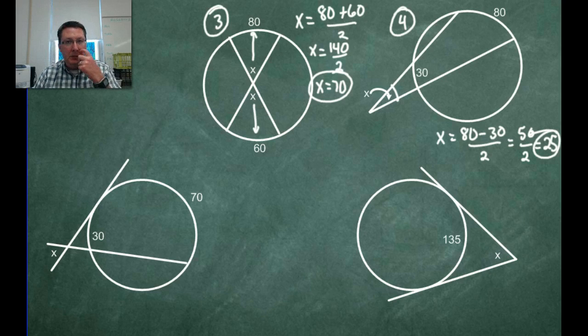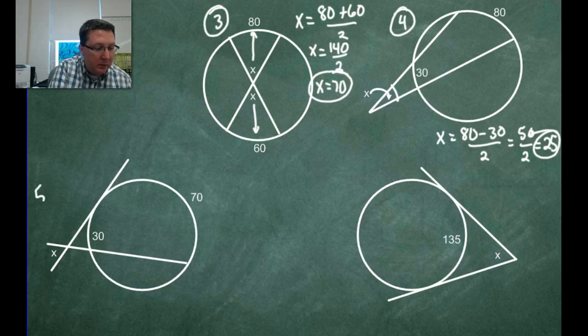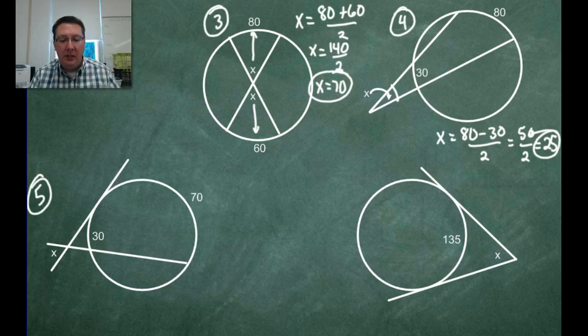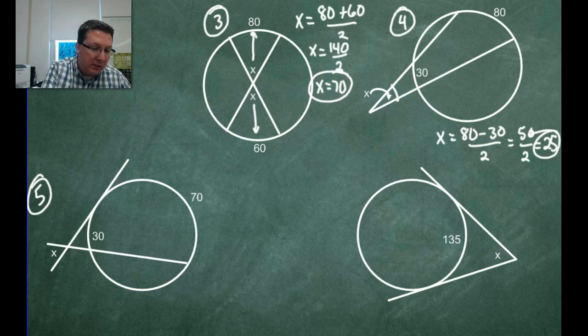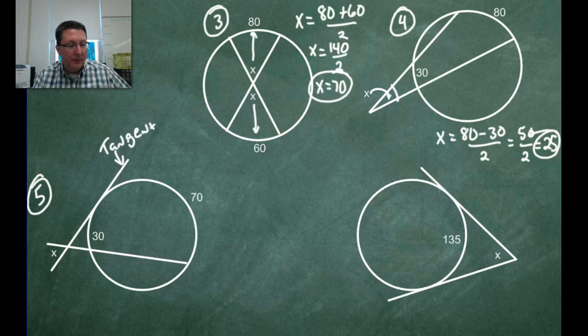These last two, I put these on here because they're slightly different, but very similar to this number 4. Let's look over here at this one. The reason I put these two on here is because sometimes one of those segments is going to be a tangent to the circle. So this line right here is our tangent. Now don't confuse that with sine, cosine, tangent. Slightly different, okay?